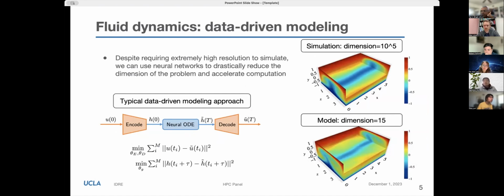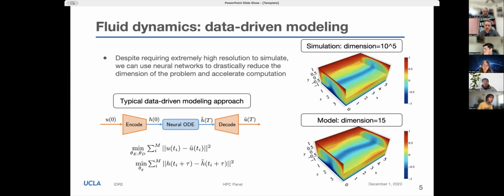One way that we can use the data from these high-resolution simulations is in machine learning tasks. The first task that I'm going to mention is you can use machine learning for low-dimensional modeling. A typical approach to generate low-dimensional models of fluid flows is to do something like I've shown here on the left, where U here would be our high-resolution image.